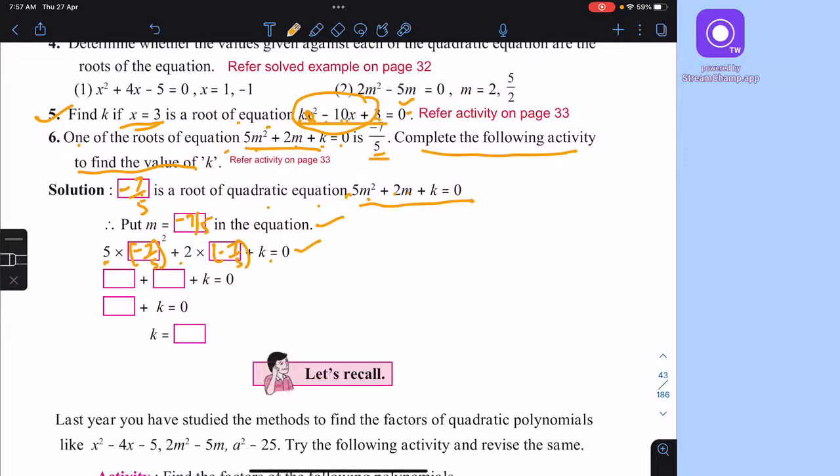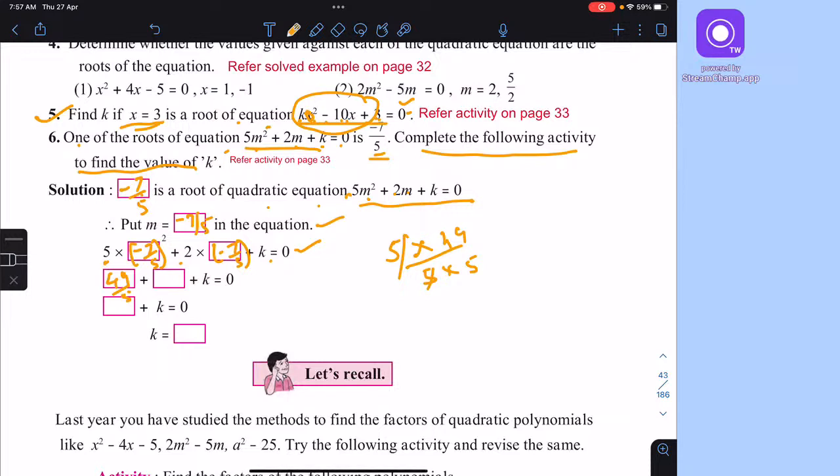Now 5 into minus 7, 5 square become this.